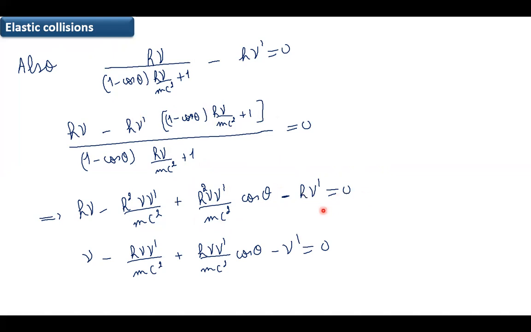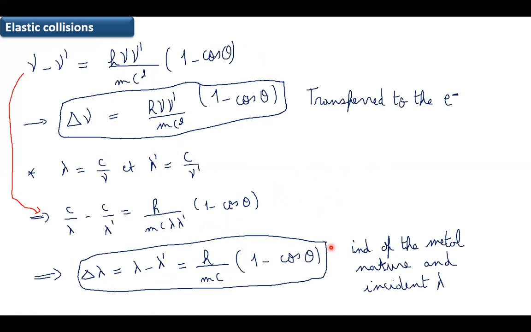You can simplify by an h. So nu minus h nu prime over m c squared plus h nu prime over m c squared cosine theta minus nu prime is equal to 0. So we have this difference of frequency, nu minus nu prime, that is equal to h nu prime over m c squared times (1 minus cosine theta).